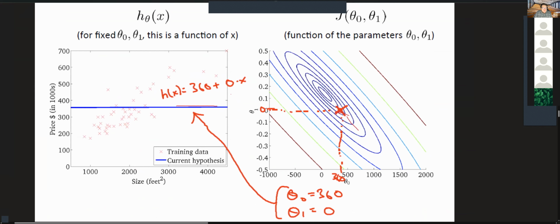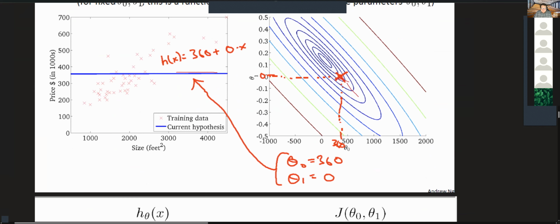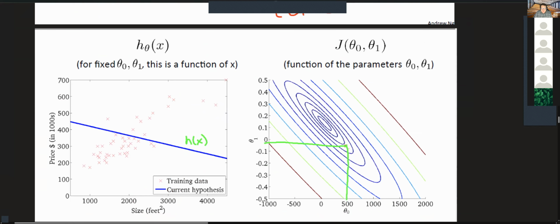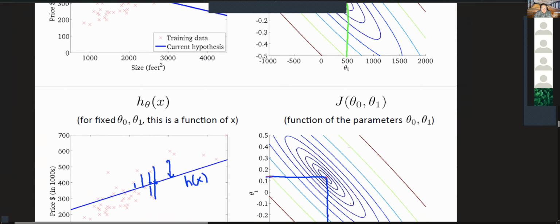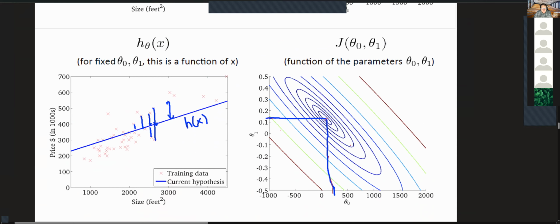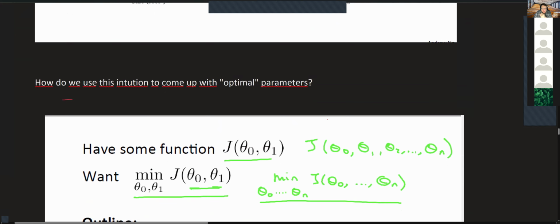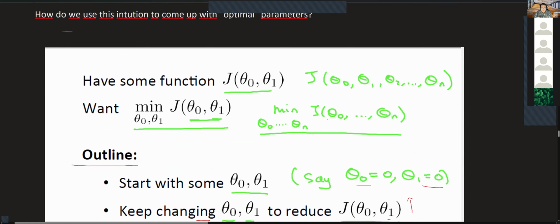We start with a bad model, for example, here. Then we change it, and we get another model, and another model, and we try to find a model that somehow arrives at this point. This is the idea on how we're going to do it.